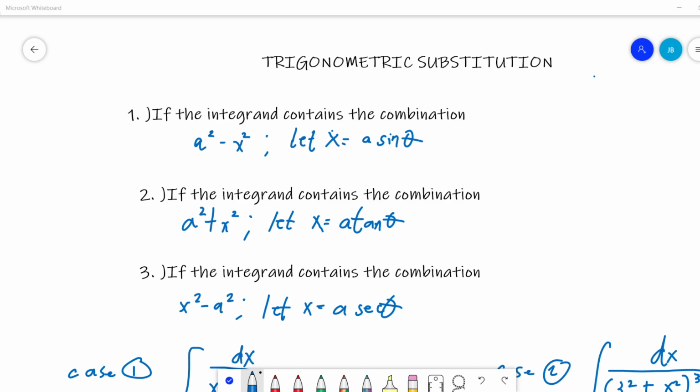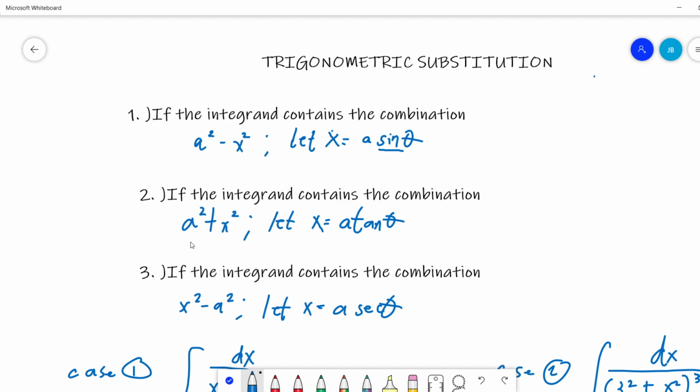Now let's have trigonometric substitution. It's another integration technique to solve some problems. So the first case is if the integrand contains a squared minus x squared, then you let x as a sine theta.